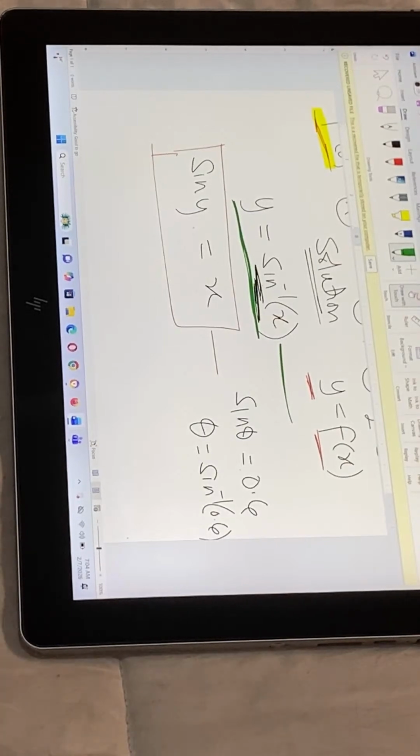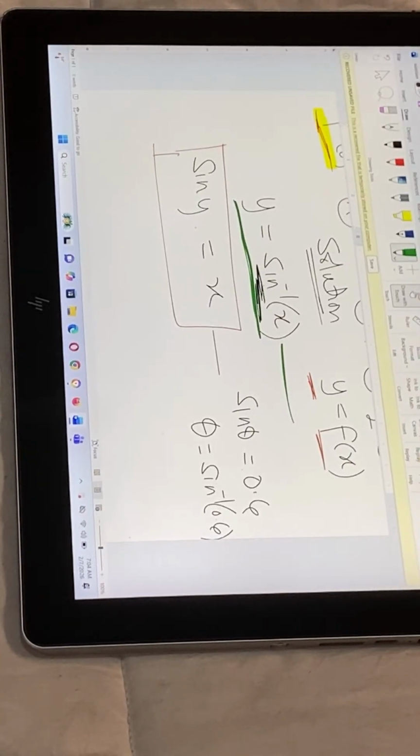Now let's differentiate. Remember, we can't differentiate the first one.